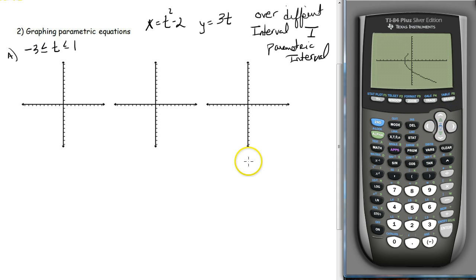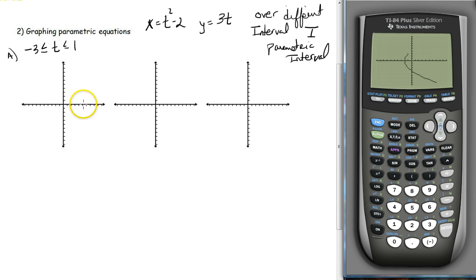So when I plug in these values, for example, when I plugged in -3, like we did in the original example, what we could do is figure out this value. So -3 would give me x's, so that's 9 minus 2, that would be 7, and -9. So I'm over here, I'm down here, 7, -9.